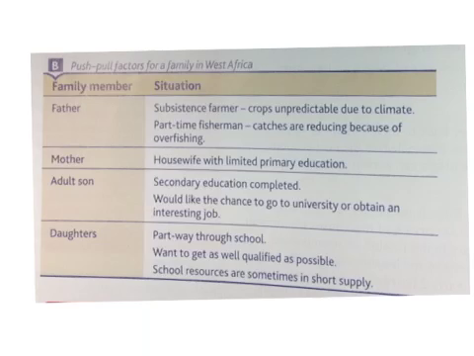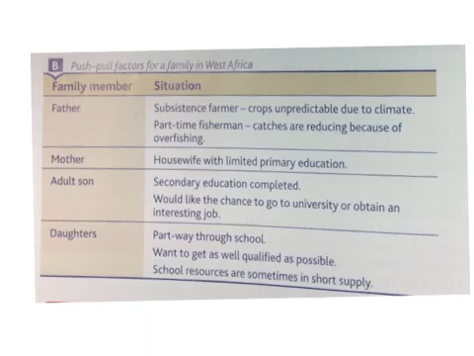The mother is a housewife with limited primary education. The adult son has a secondary education which he's completed but would like the chance to go to university or obtain an interesting job. So this sentence is about a pull factor, it's pulling somebody to a place. If that adult son sees that this particular area has a university, or that's where he can get an interesting job, that attracts them to a place.